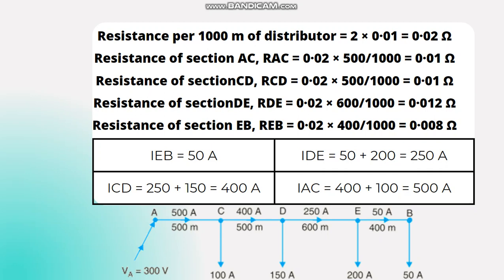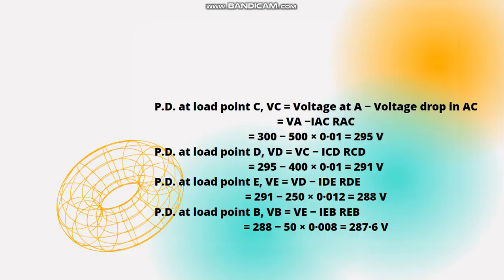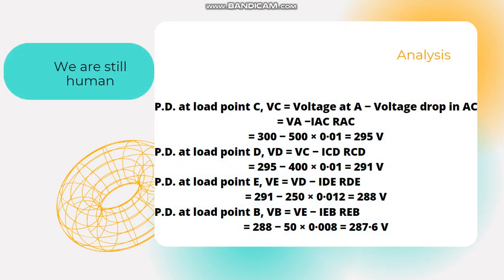As we need to find potentials at the points, we use the formula V equals I into R. So we need to find the current in each section: IAC, ICD, IDE and IEB, with the resistances RAC, RCD, RDE and REB. Next is the voltage at the points C, D, E and B. VC is equal to VA minus VAC, VD is equal to VC minus ICD into RCD, that is VCD.